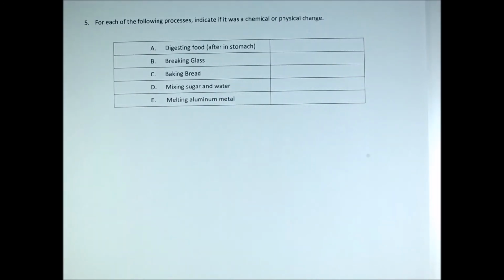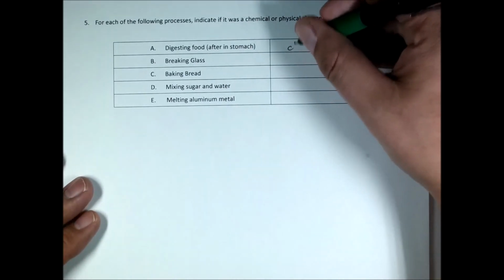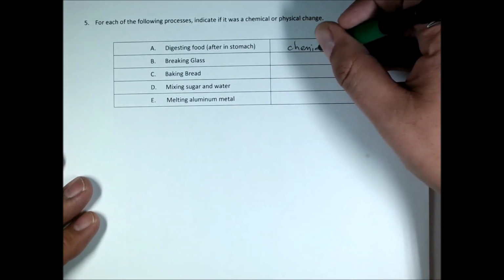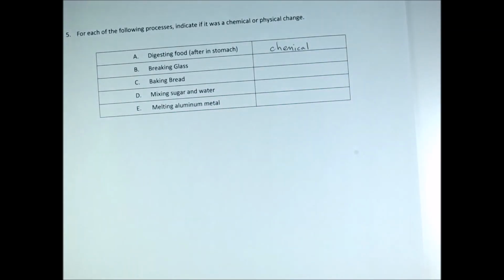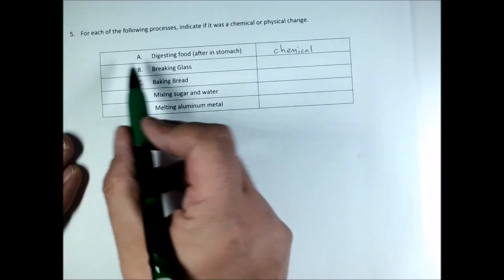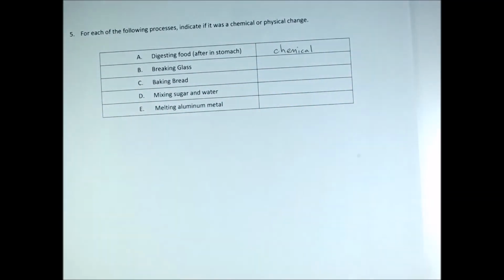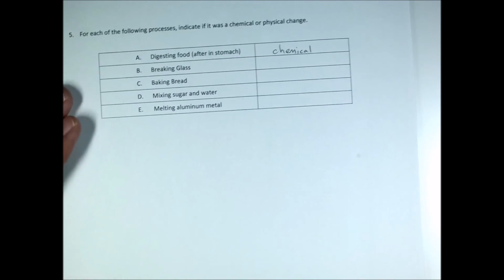Would that be a chemical or a physical change? It's chemical, yes. And I just wanted to be clear here because you could argue that while the food's actually in your mouth, it's technically both because you're breaking your food down with your teeth. That's a physical change. And then enzymes actually start working in your mouth right away. So it's both chemical and physical in your mouth. But by the time it gets to your stomach, it's all chemical at that point.